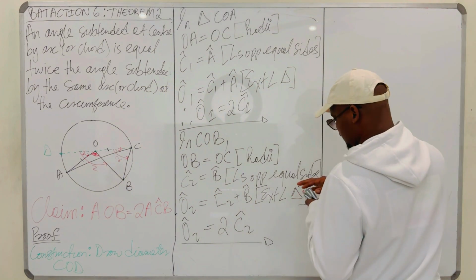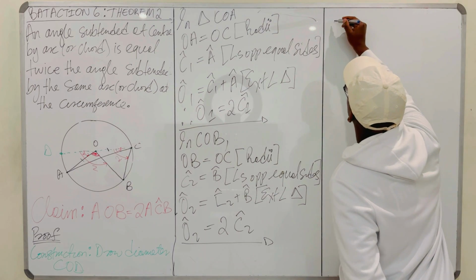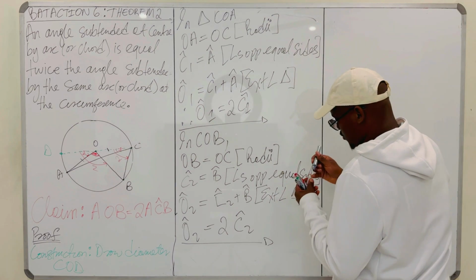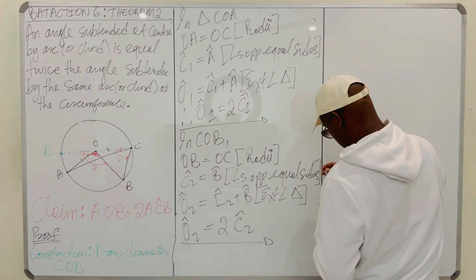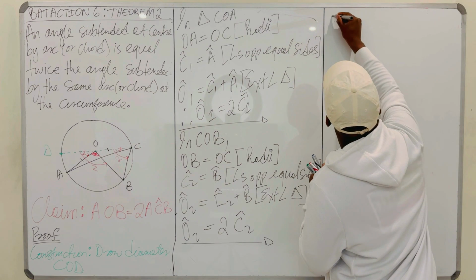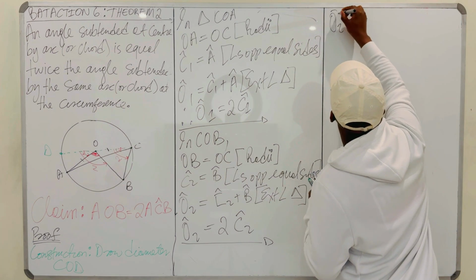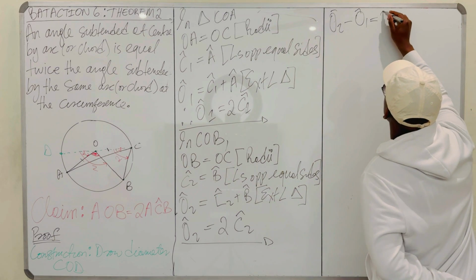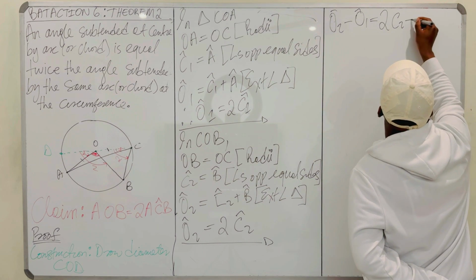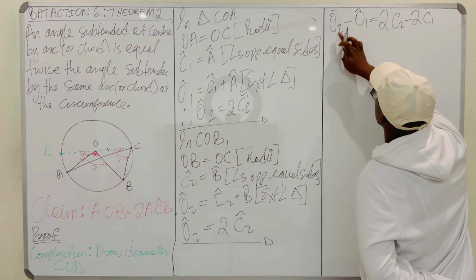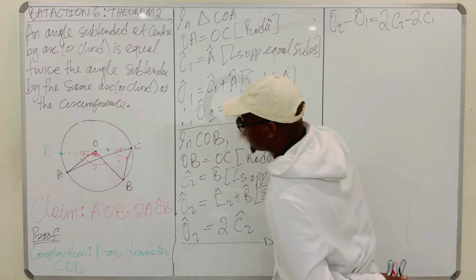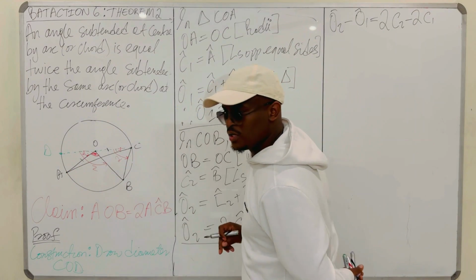So in that case, we'll just say O2 minus O1. Is everyone happy? O2 was twice C2, minus 2 times C1. This minus this is your AOB.